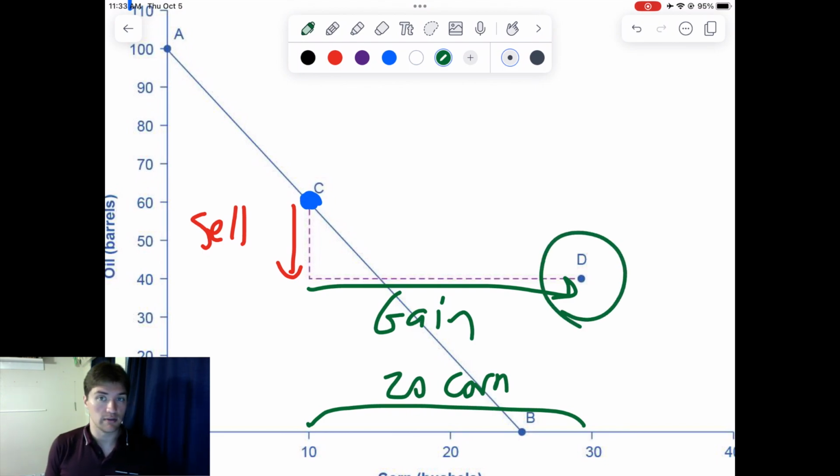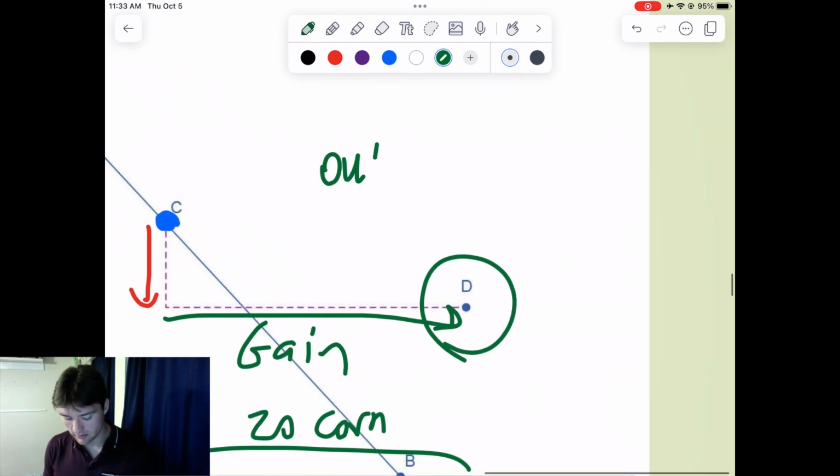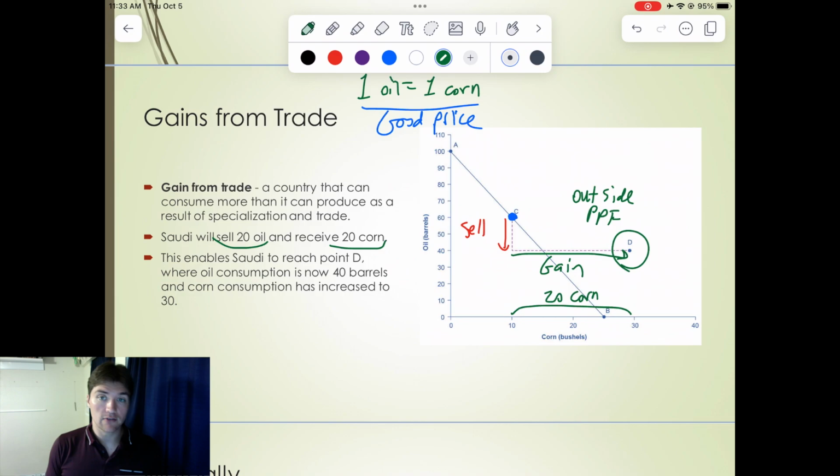And as you can see, point D is outside their production possibilities. This is outside their PPF. So the gains from trade basically is saying that you can consume beyond your production.